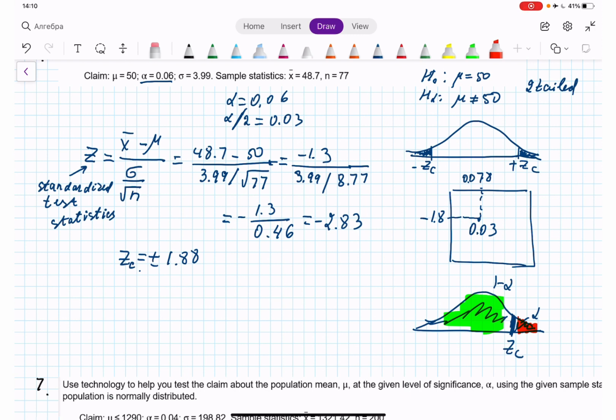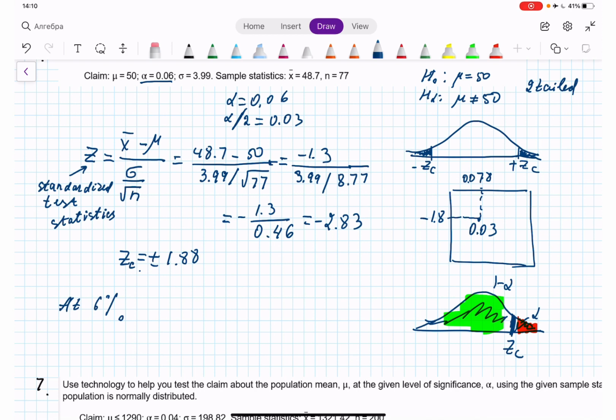All right, so we have Z critical. Next, we need to determine the outcome and decide if we are going to reject or not reject. Since our significance level is 0.06, we say at a 6% significance level, we can say there is enough or not enough evidence.